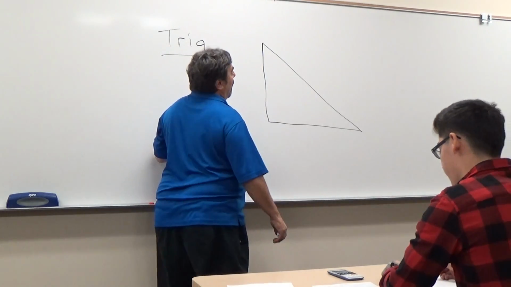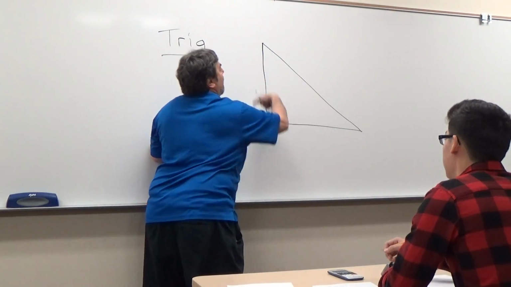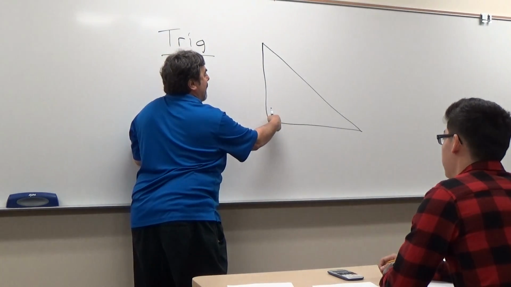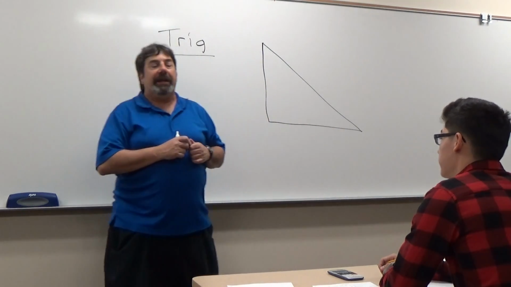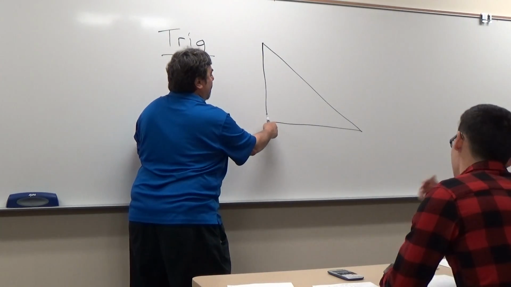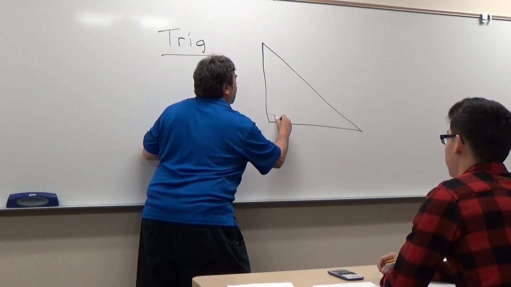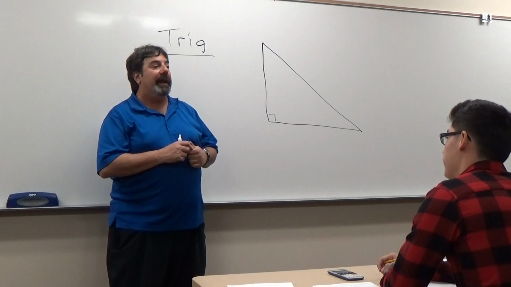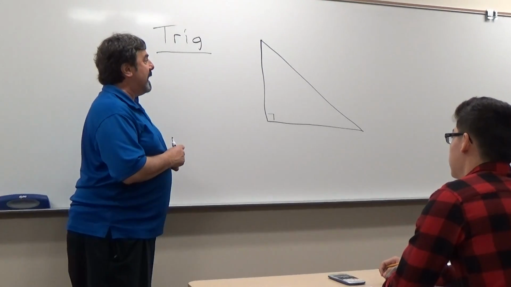Now, of these three angles, the one that's 90 degrees or a right angle is going to be this one right here. You agree with that? Yes. Now, normally they make a little symbol, but it's pretty obvious which is the 90-degree angle, this one right here. But sometimes they use this little symbol there to show you that that is the right angle or 90-degree angle.